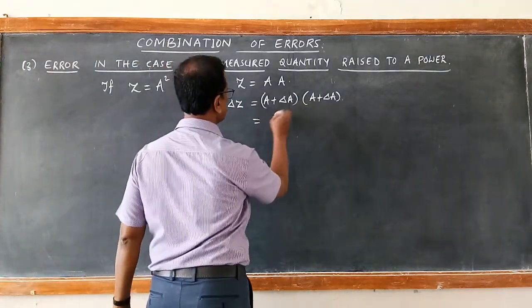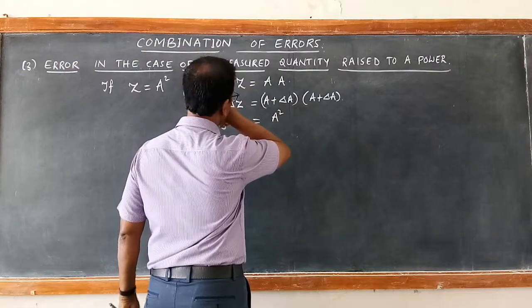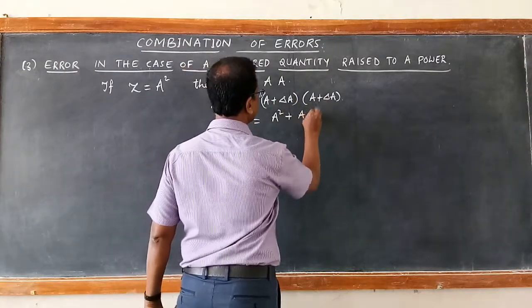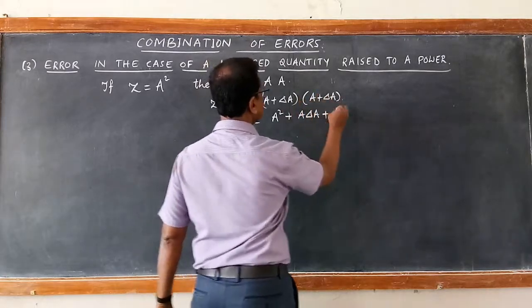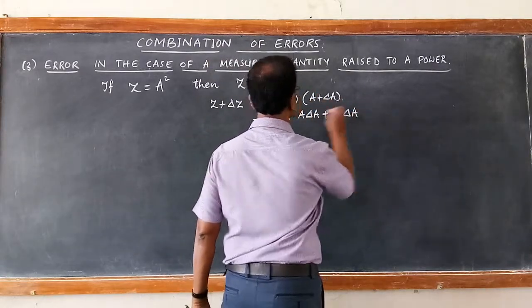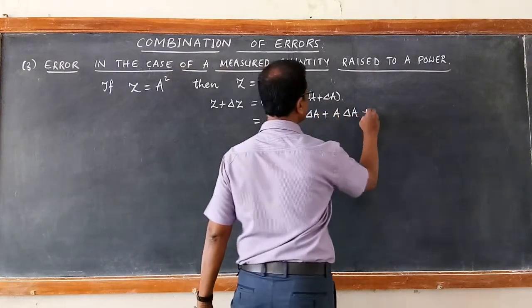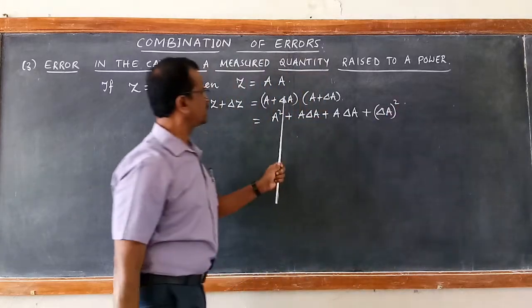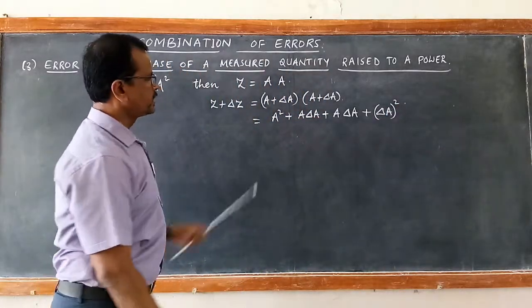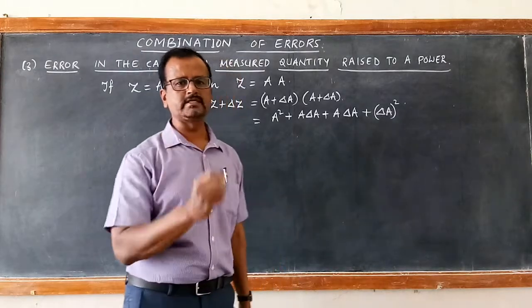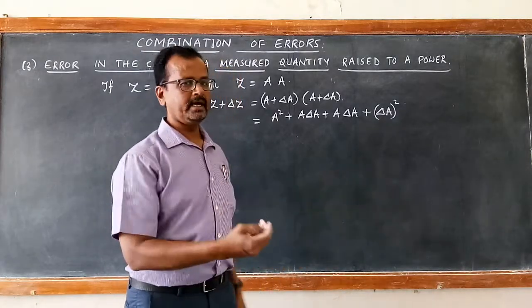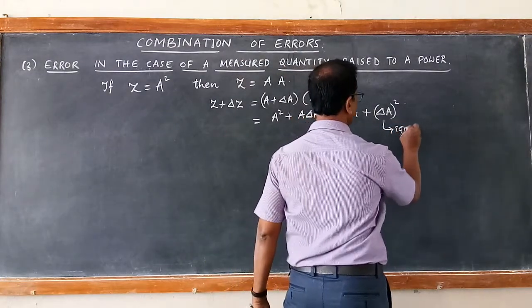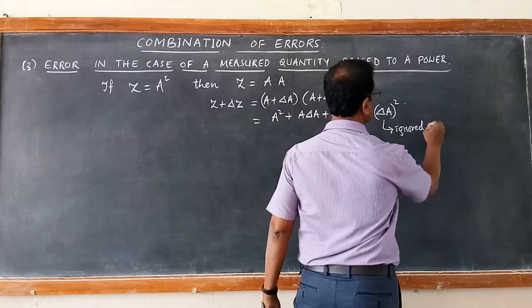If you expand this, a into a gives us a square, a into delta a plus a into delta a, plus delta a into delta a, delta a square. Since delta a is just a small fraction, the square of that is again going to be still smaller. So this is ignored since it is very small.